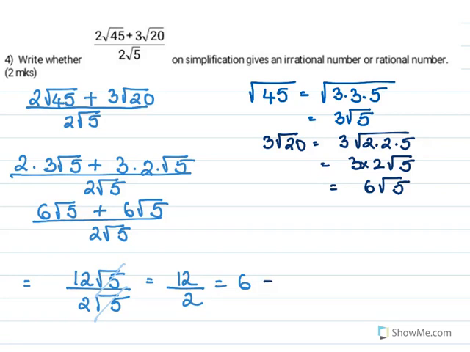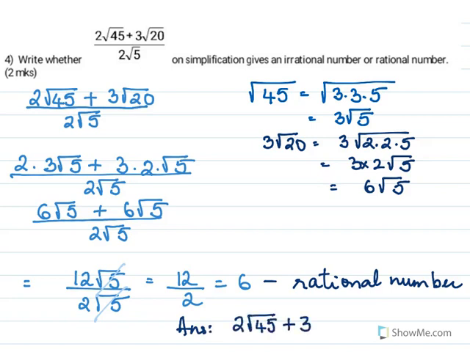And we know 6 is a rational number. So we can say for the answer, 2 under root 45 plus 3 under root 20 over 2 under root 5 is rational.